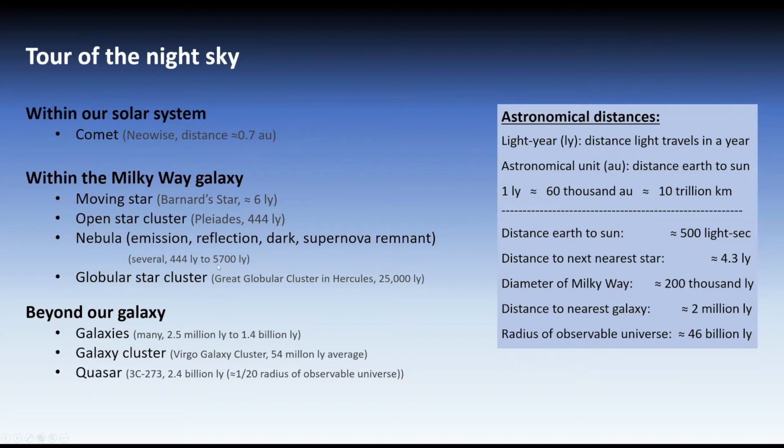Nebulae at various different distances, up to 5,700 light years away. A globular cluster, which is a good fraction of the way across the Milky Way. And then beyond our galaxy, we'll look at galaxies, a galaxy cluster, and a quasar, which is about a 20th the radius of the observable universe away.